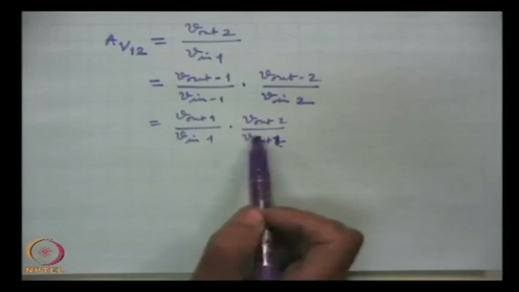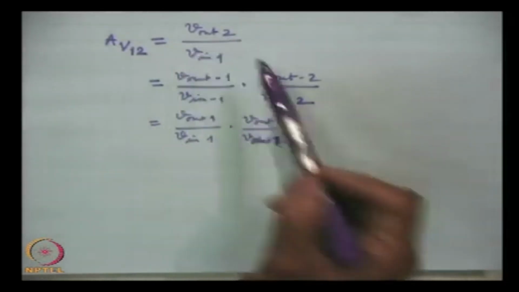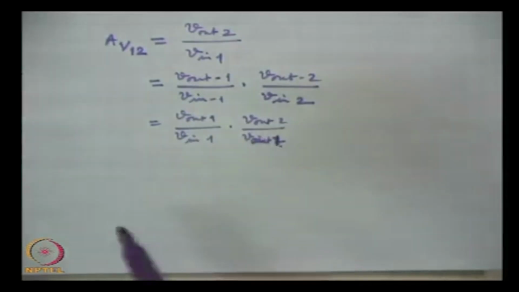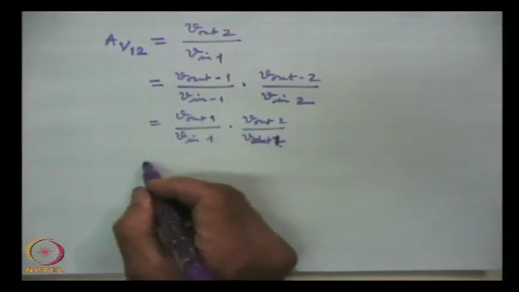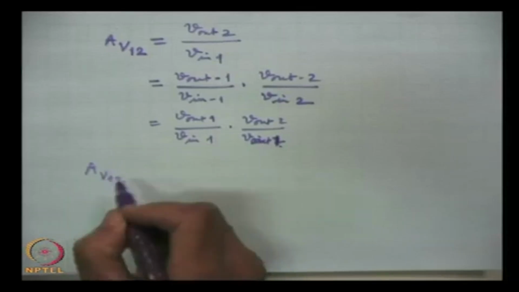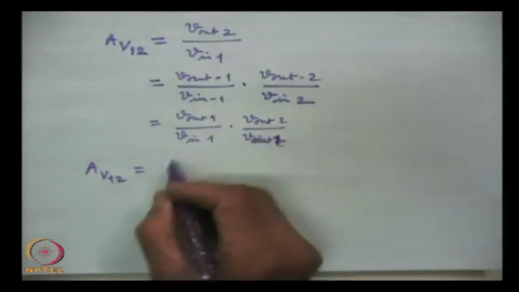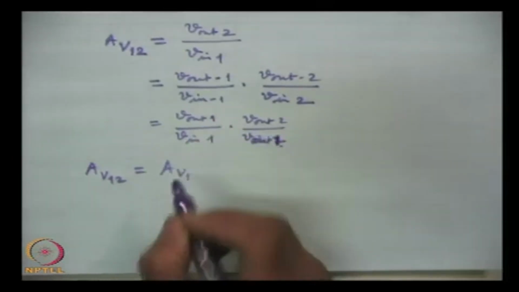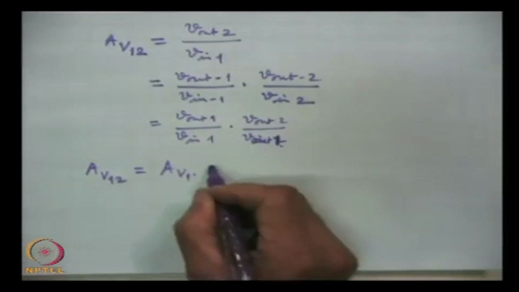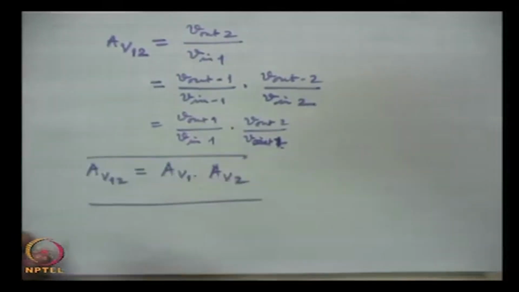So, V in 2 I have written as V out 1. So, this cancels out and we are left with V out 2 by V in 1, and this is therefore, for the compound amplifier the gain is, this is A V 1 and this is A V 2, very important relation.